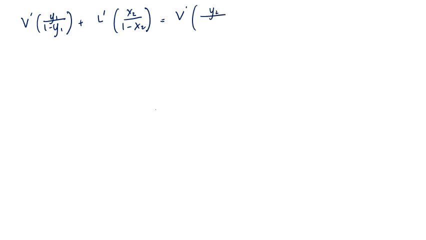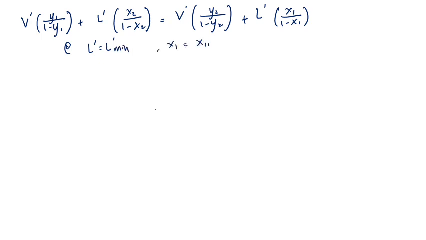So we write down the operating line: V' y1/(1 - y1) + L' x2/(1 - x2) = V' y2/(1 - y2) + L' x1/(1 - x1). At L' equals L' minimum, x1 will be equal to x1 maximum.